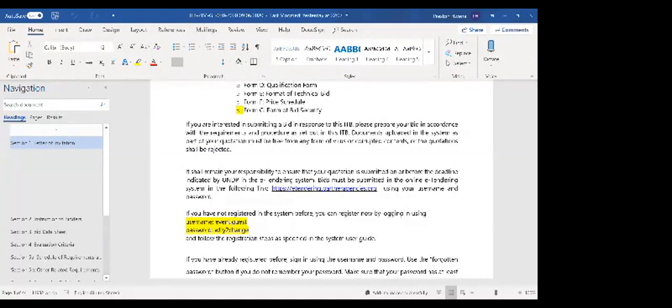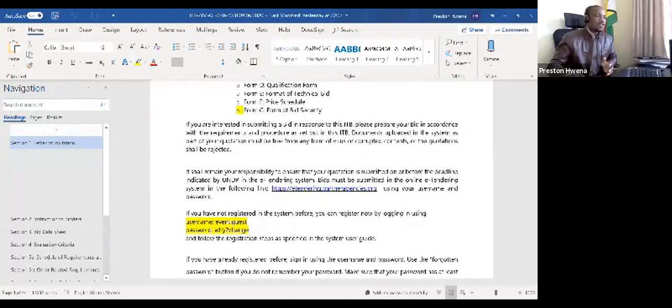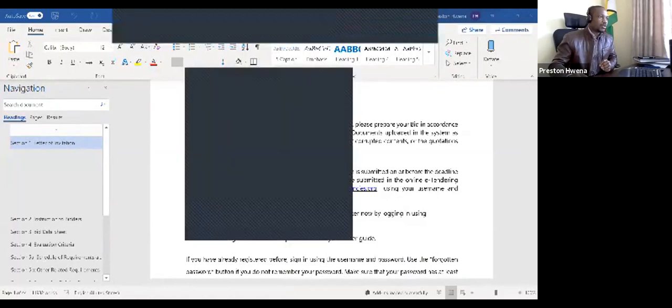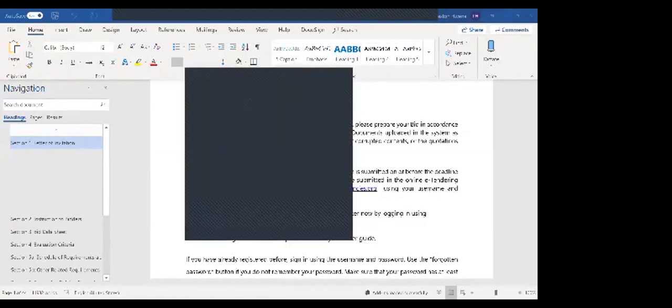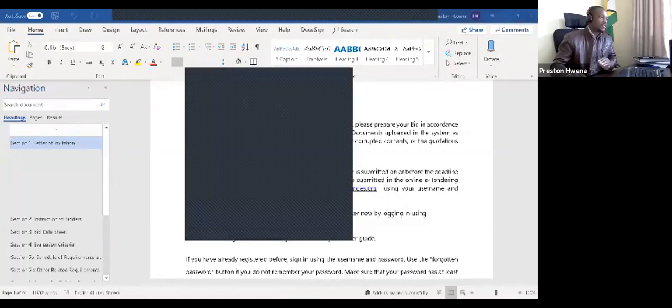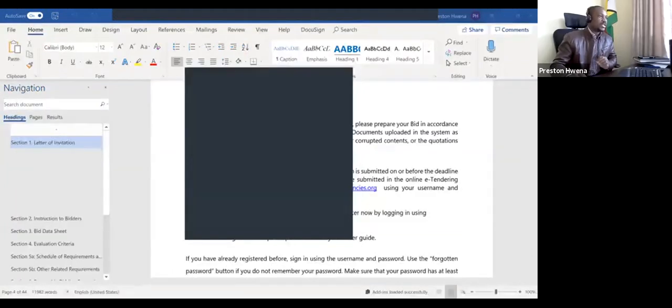When we use this e-tendering system, your bids are safe. No one will be able to tamper with them, and everything will be tamper-proof until the day the bid closes.